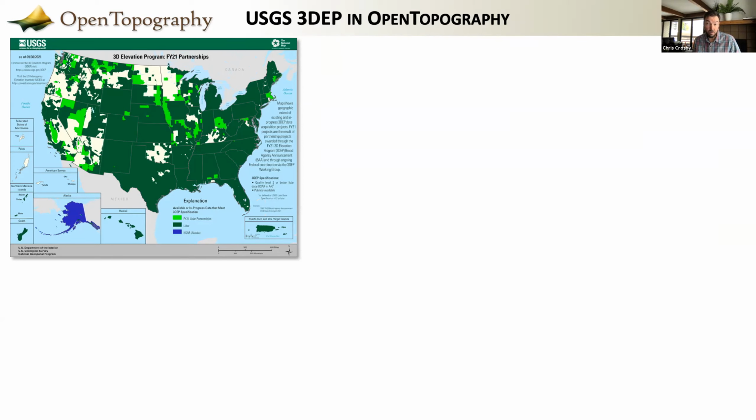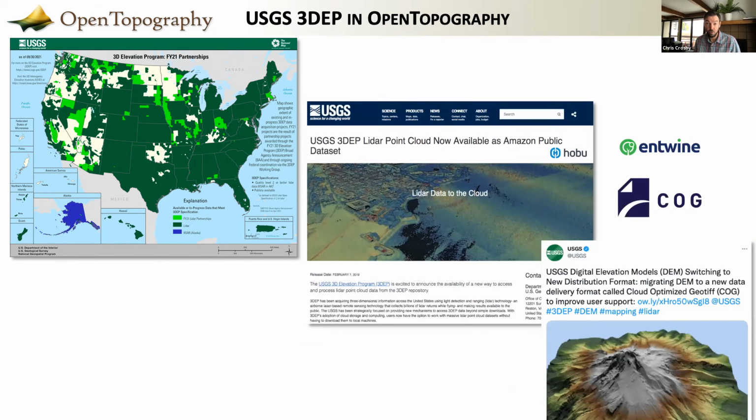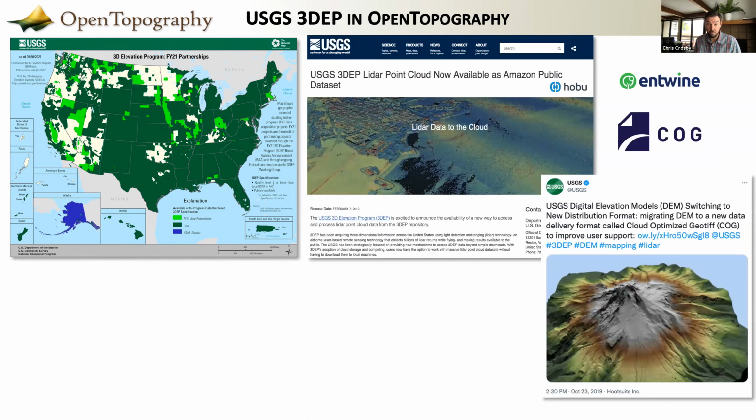This is great, but until recently, these data sets were not easily accessible by groups like OpenTopography to federate and pipe through our pathways. So in 2019, there were 2 big efforts within the 3DEP program that we're happy to take advantage of.